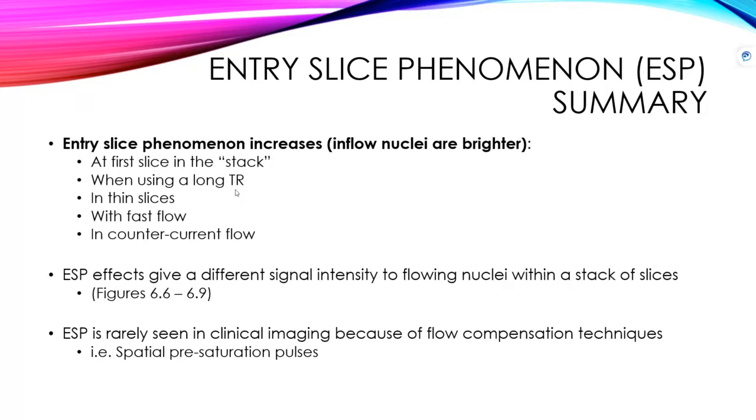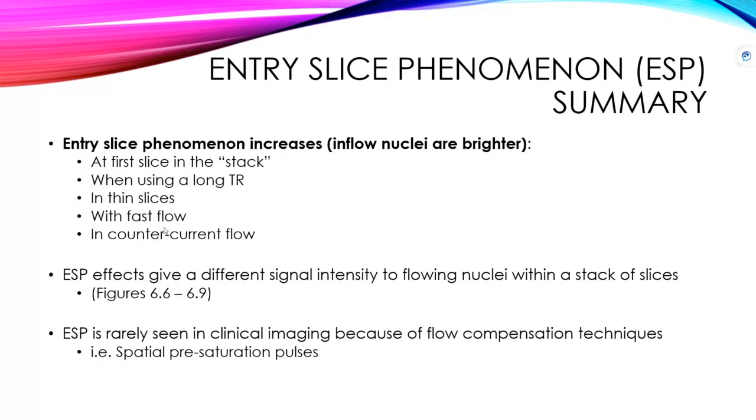So when you allow longitudinal relaxation of spins, that means that every time you excite them again, they're fresh, so to speak. They have not been excited and pushed into the transverse plane. The shorter your TR is, the less longitudinal relaxation, which means that they're not going to be as fresh. So using a long TR, using thin slices so that they're not getting exposed to pulses within that slice repetitively.